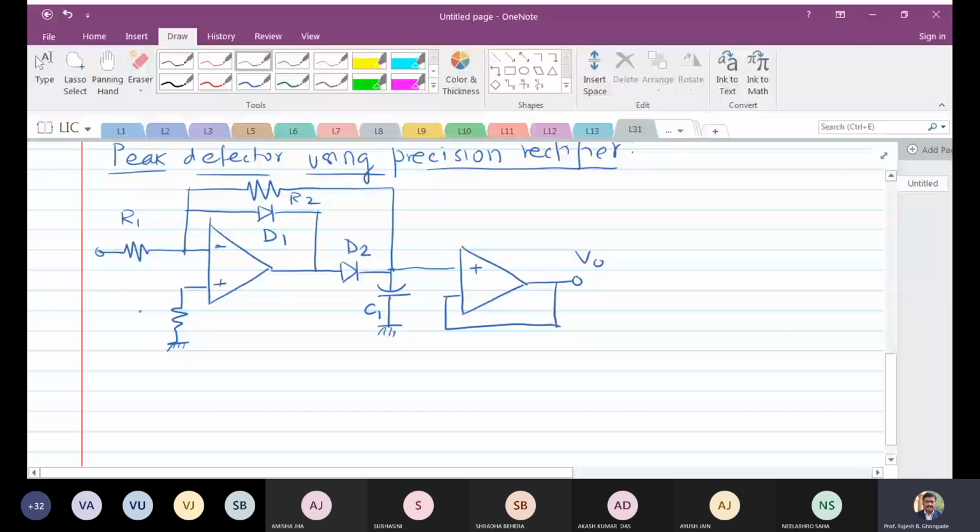So in this scenario, again, if I try to find out what the output voltage is, it will be something like this.